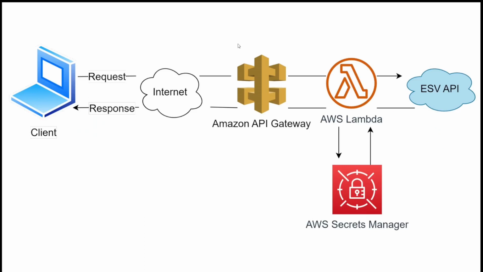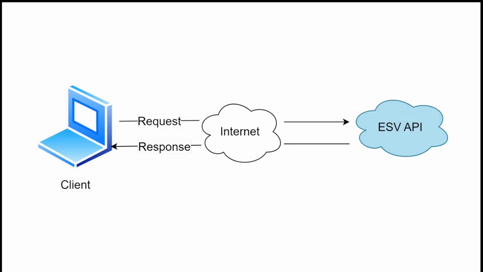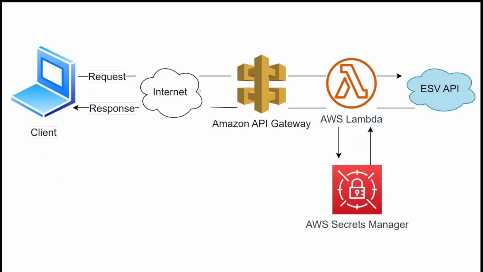So instead of making this simple, quick call to the ESV API and getting a response, we're going to hit the API Gateway, trigger a Lambda, get the secret, then call the ESV API.